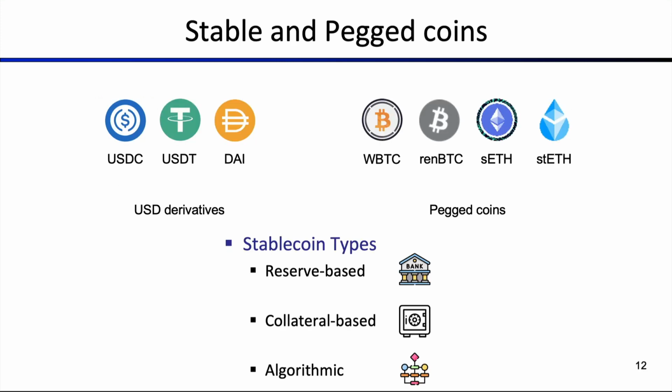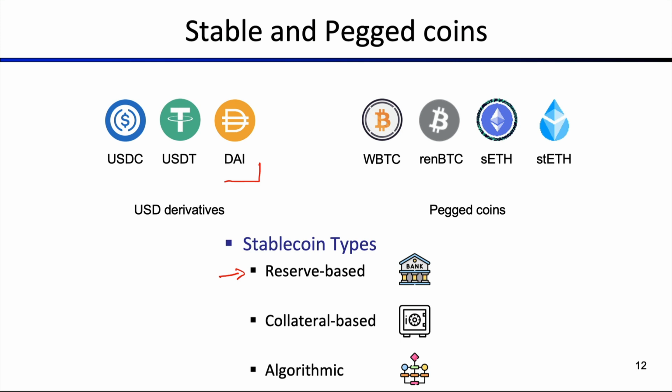In cryptocurrencies, there are a variety of stable and so-called pegged coins that we have looked at earlier already. I think the most famous stablecoins that represent the US dollar are these three: USDC, USDT, and DAI. USDC and USDT are reserve-based stablecoins where you have a company that has a bank account, and here this bank account should represent the on-chain minted cryptocurrency assets.